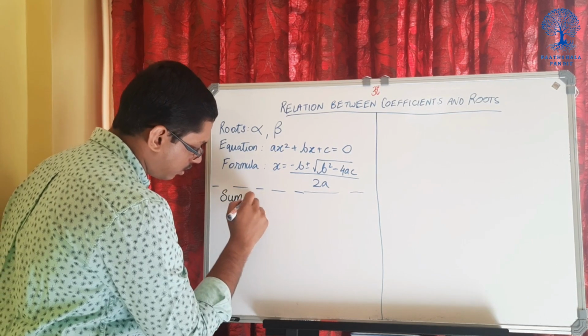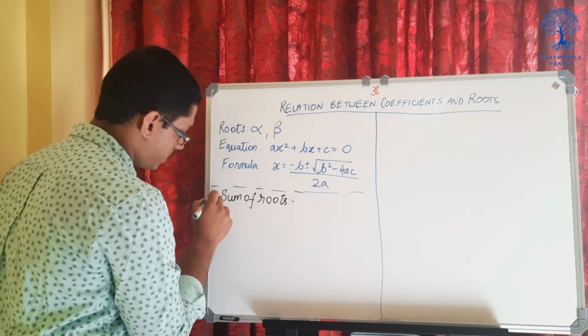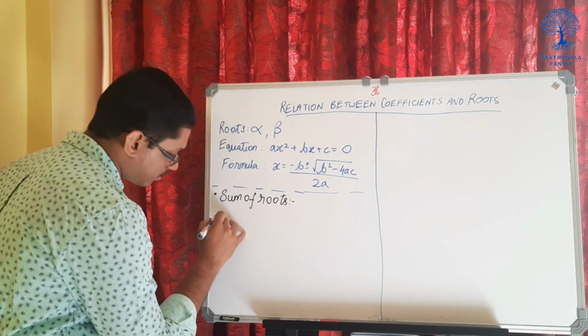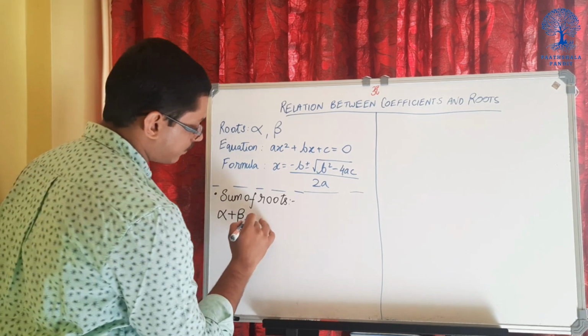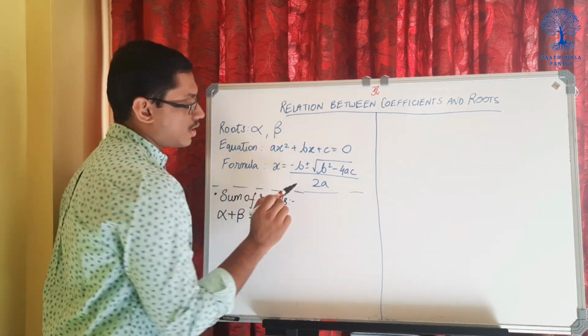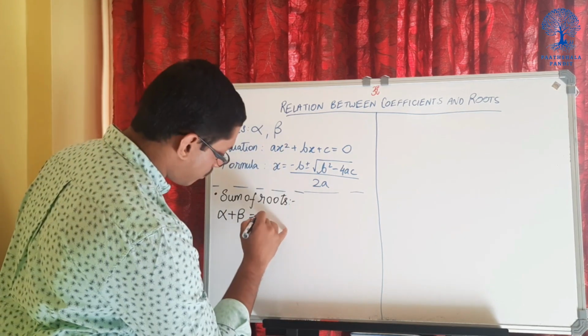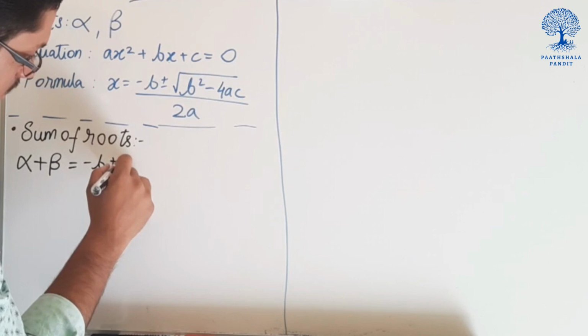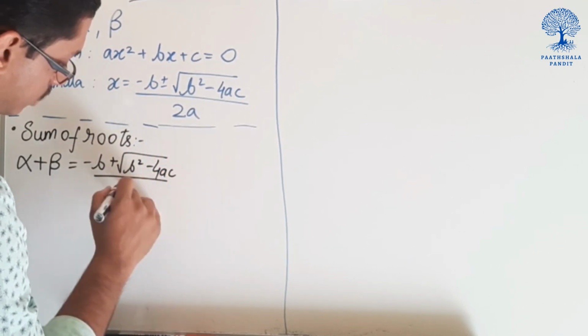Sum of roots. Okay, now sum of roots means alpha plus beta, correct? Okay, now see, one will be alpha, the other will be beta. So minus b plus root of b square minus 4ac by 2a.